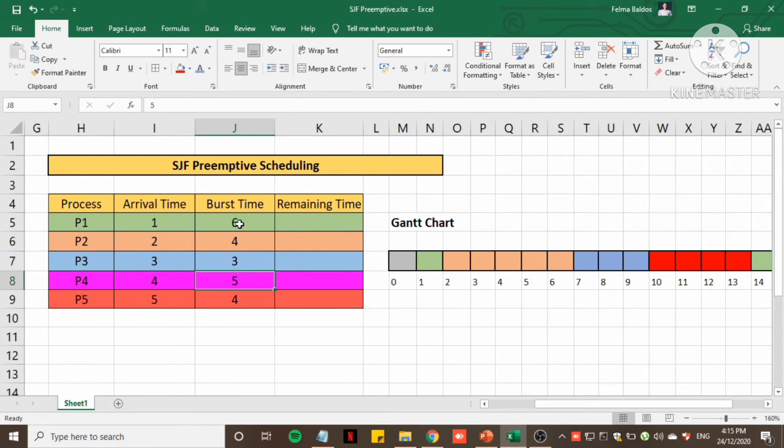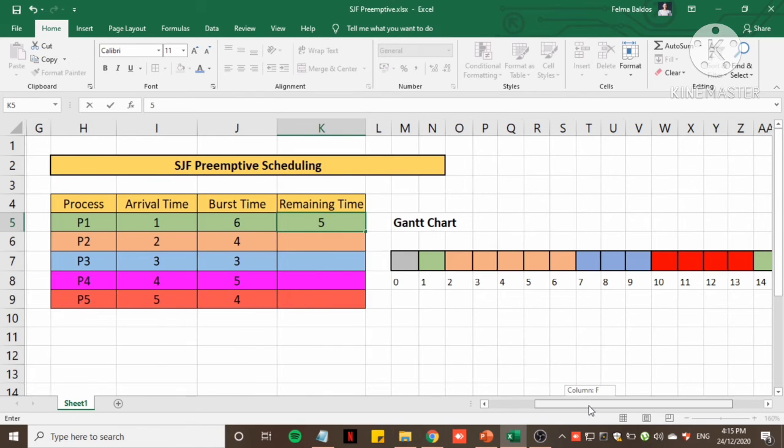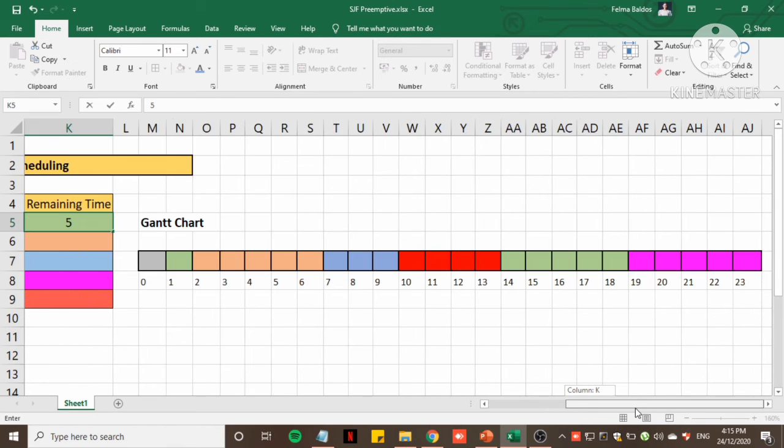Since P1 has executed one of its burst time, it only has 5 remaining. So it is equal with P4. And then P1 will execute first its remaining 5 burst time like this.